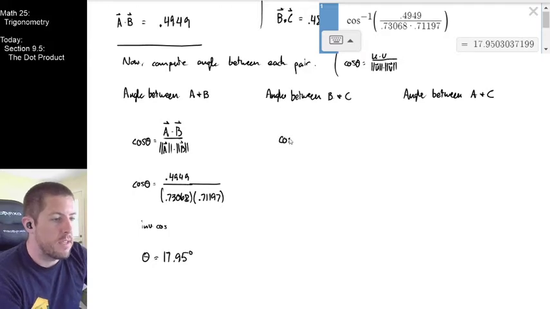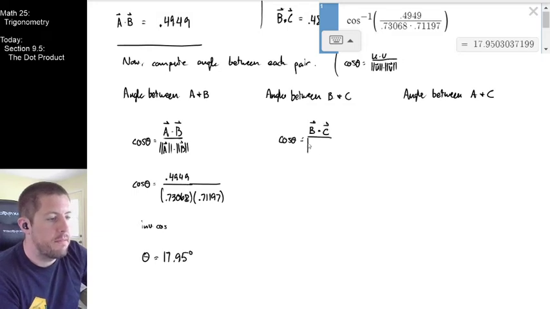So next up, cosine of theta is B dotted with C, which we've already computed up above, divided by the magnitude of B times the magnitude of C, both of which we've already computed above because we were good to ourselves. Did all of our work in one big chunk.